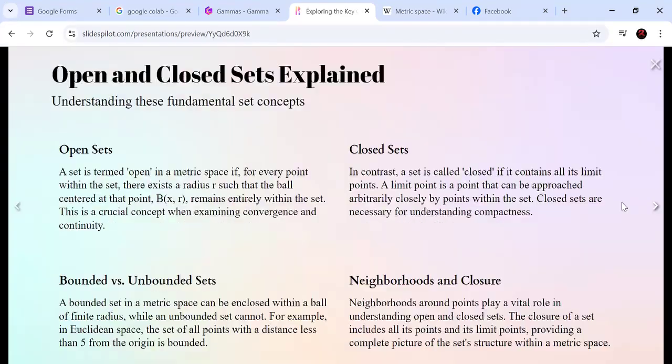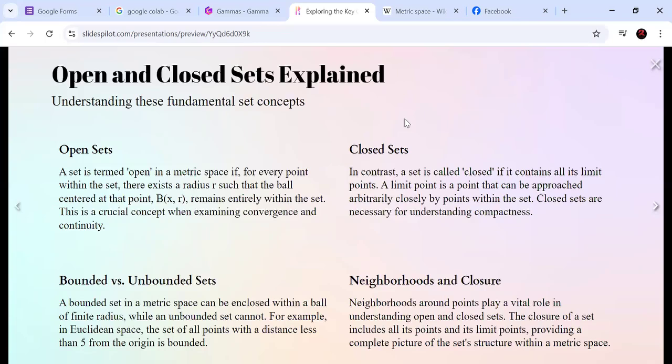Another topic is open and closed sets. What is meant by open and closed set? Understanding the fundamental set concepts, like हमारे पास open set, closed set.